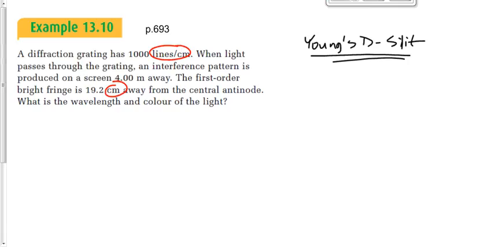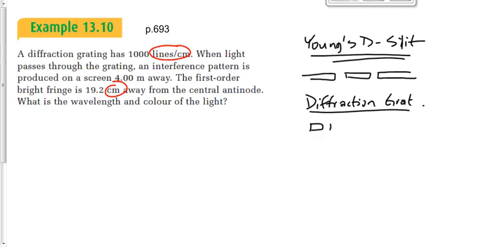So instead of having a situation like this, where we have an opening and then another opening like this, in a diffraction grating, we end up having hundreds or even thousands of openings like this. Here's the thing. The interference pattern formed by this is bright spot, dark spot, bright spot, dark spot, and so on.